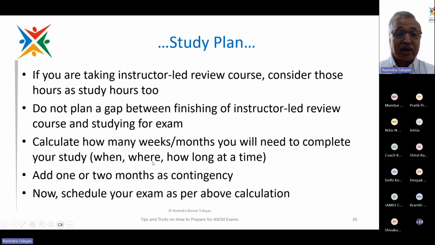Some people would like complete silence. They would like to go to the library and study. Some people can study at home among the usual noise. Some people can study only for a couple of hours at a time. Some people can study all 8 hours. So I think everybody has different capacity and different preferences.